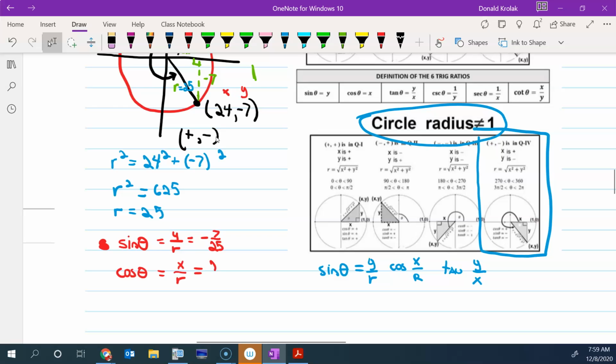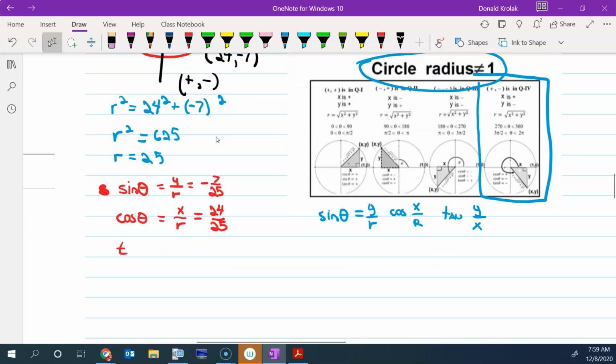Oh, yeah, x is 24 over 25. Tangent is y over x, so -7 over 24.